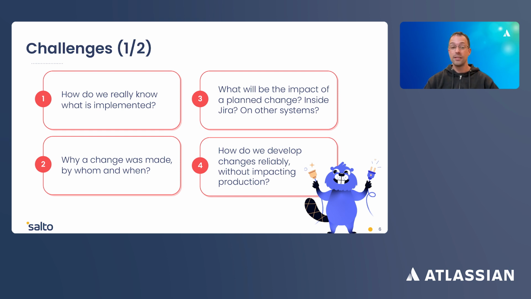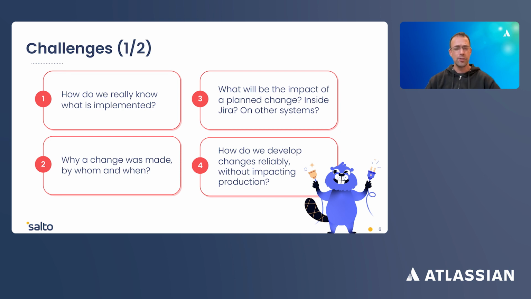In many cases, that Jira instance that you're managing has the history of a decade, done by tens of different admins that already left the company. How can you know why a change to that configuration or customization was made, by whom, and when?